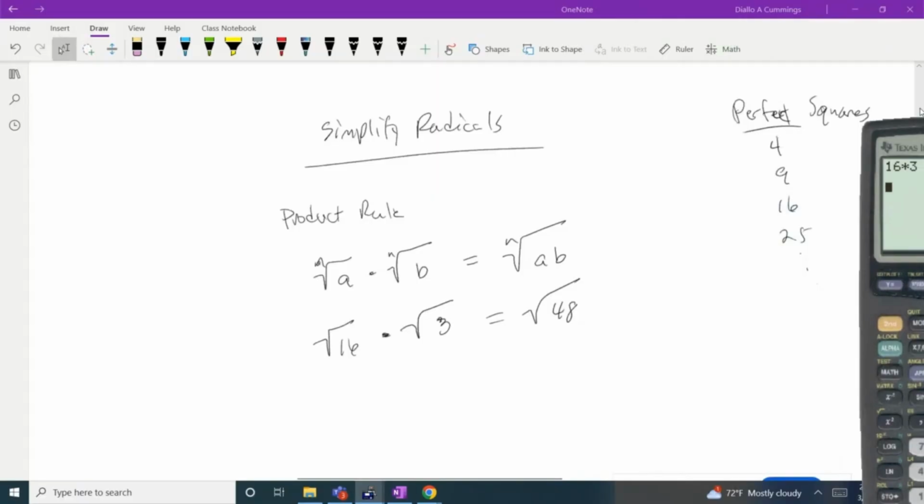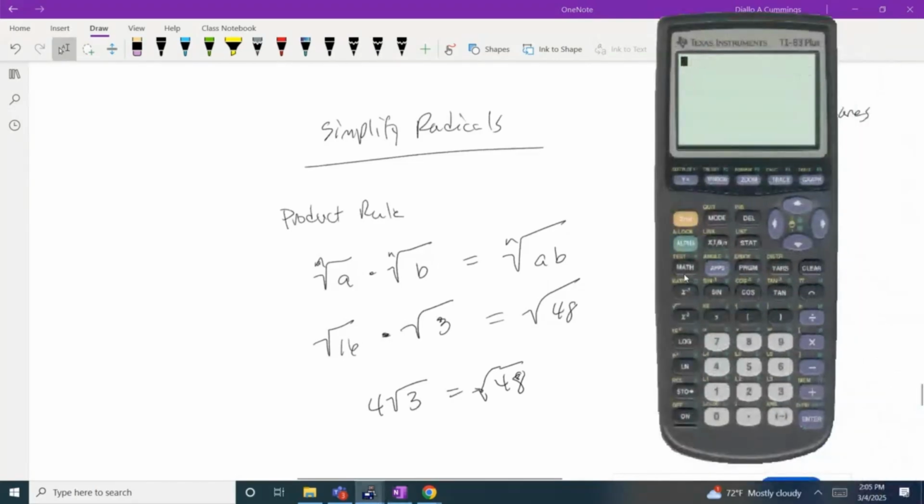All right, so that means I can rewrite the square root of 48 as 4 times the square root of 3. The 3 has to remain inside of that square root. So now these two numbers, 4 times the square root of 3 and the square root of 48, are the same numerical value.